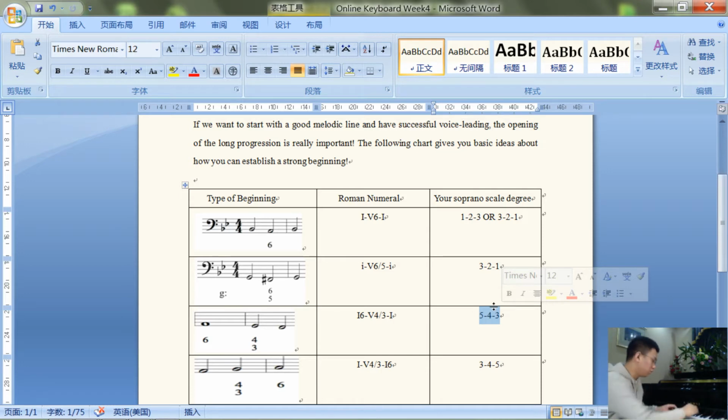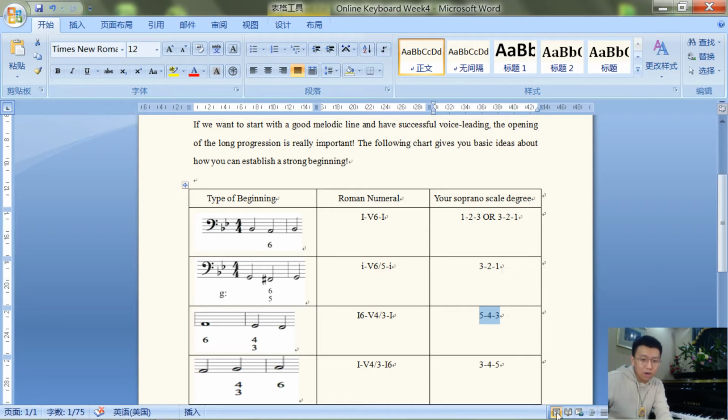Okay. I know some of you don't like to use 5-4-3. Some of you like to use 5-5-5. The problem is that if you start with three consecutive notes in the beginning of the progression, it sounds really boring. I mean, we don't want to hear that. And if you make it different, it will be much better. Okay?